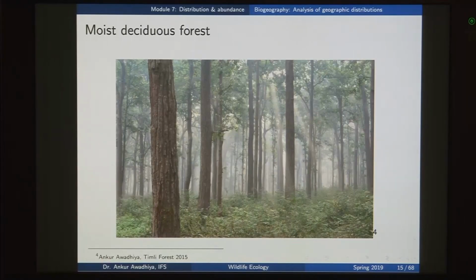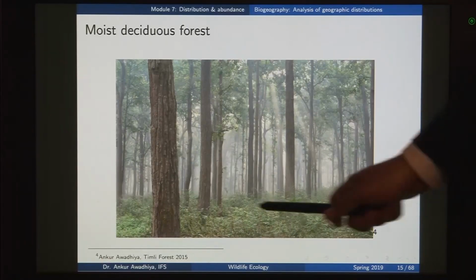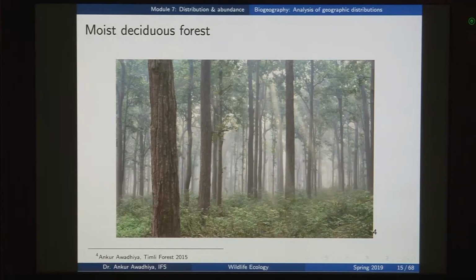Now, typically in a moist deciduous forest, you will find a very heavy ground cover. Now, these are the moist deciduous forests of Uttarakhand. If you talk about the climatic conditions, here the climatic conditions will not be that extreme. It is not very cold, but it is cool. Plus, in these areas you have ample moisture available throughout the year, and the wind speeds are not very high.